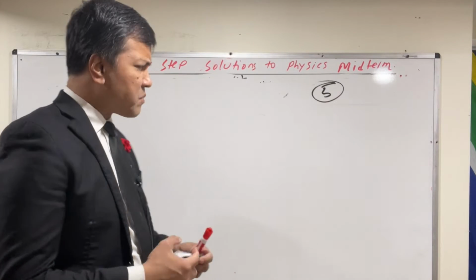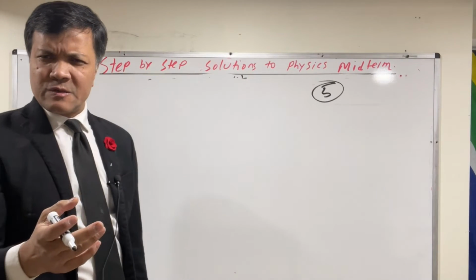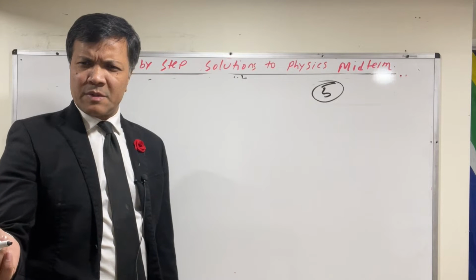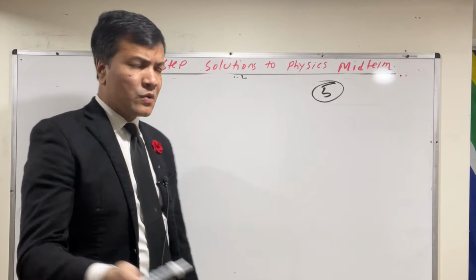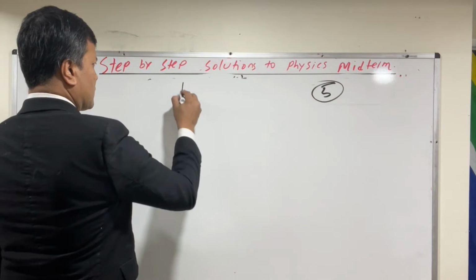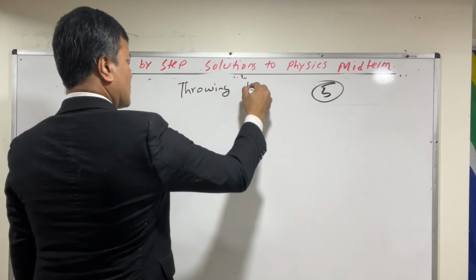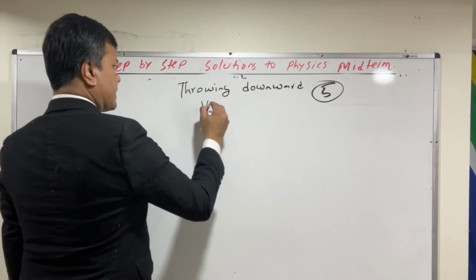It's a free fall problem. So there are 3 types of free fall, as you can recall. Number 1 is just drop, number 2 is throwing up, and number 3 is throwing down. This one is throwing down. Throwing down has a name.